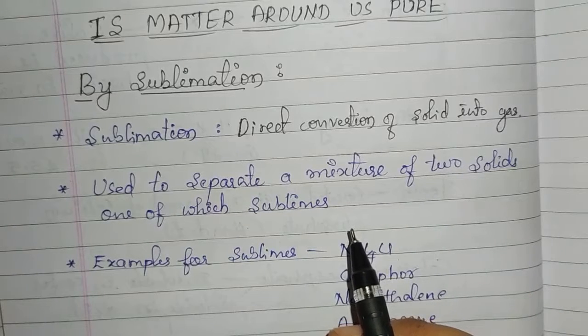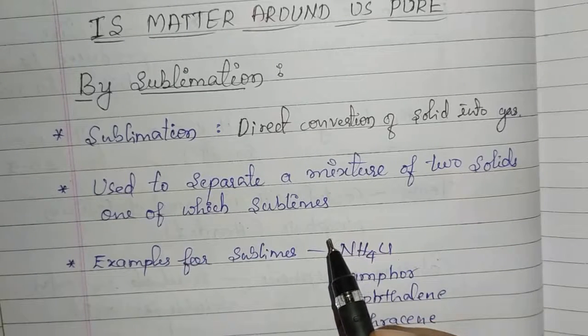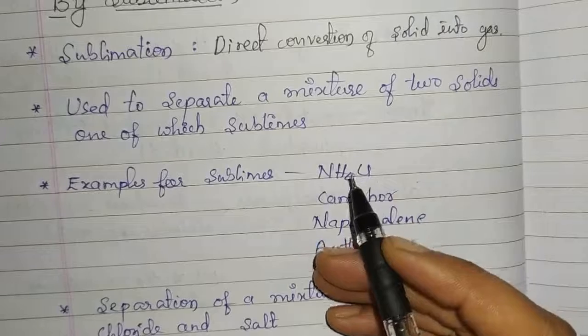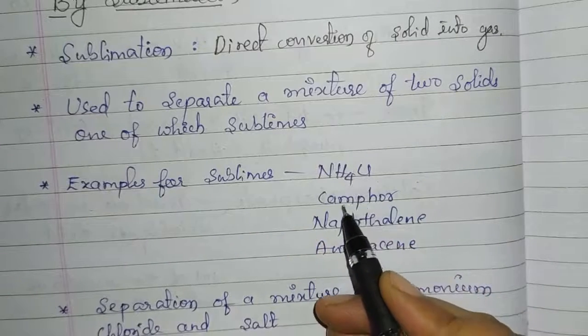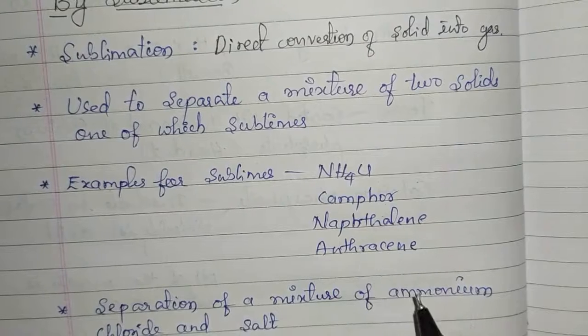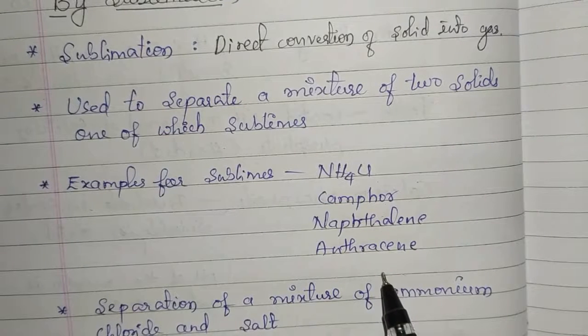And the other one is a non-sublimable component, and it remains in the container. Examples of substances that sublime are ammonium chloride, camphor, naphthalene, and anthracene. In the last chapter we studied sublimation in detail.